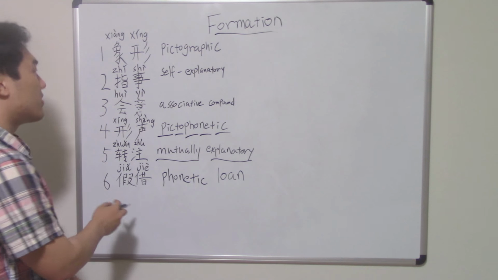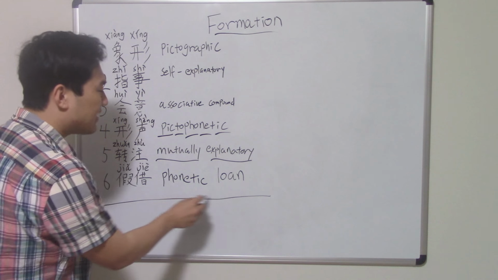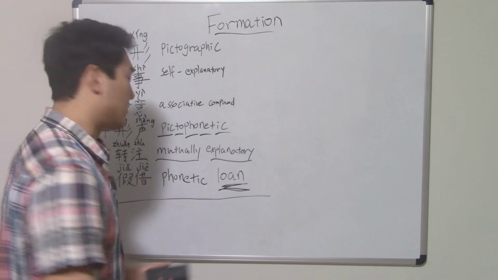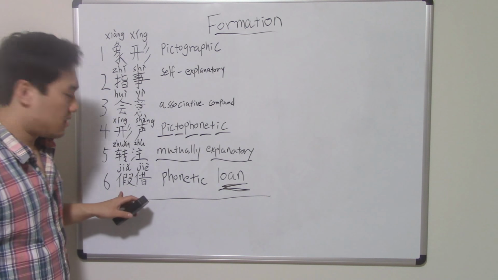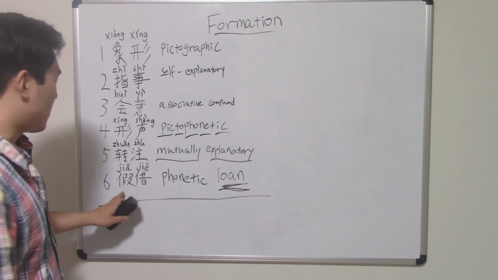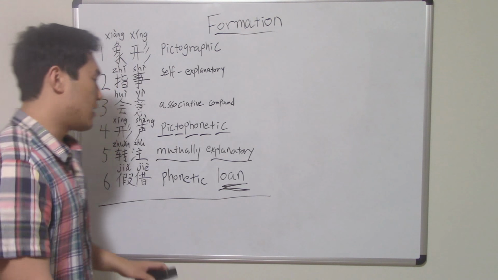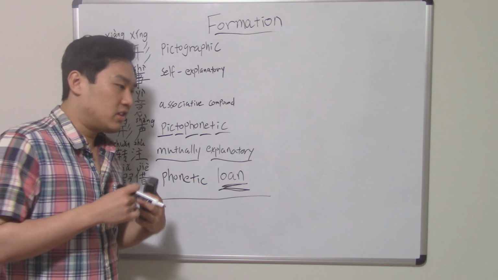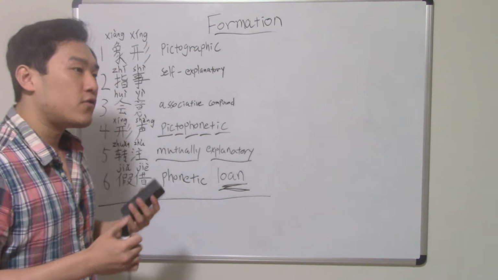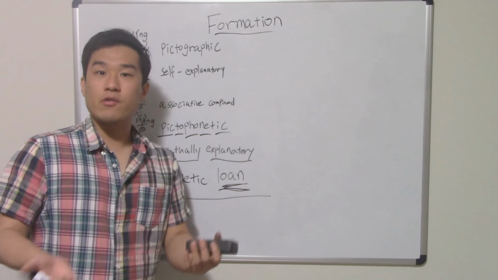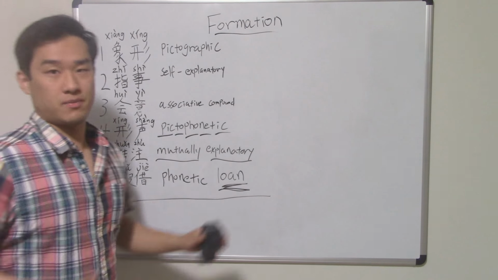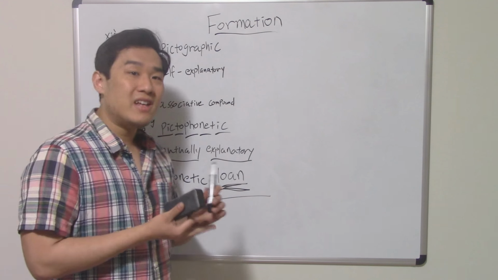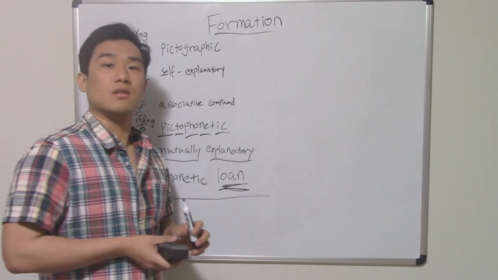And then the last one here is called phonetic loan. What does loan mean? Loan means borrowing something, obviously, right? So 假借, phonetic loan. What does that mean? To explain, think about this: if you are the creator of a language, an expert on languages who wants to create your own language, you literally have to name every single thing correctly, right?